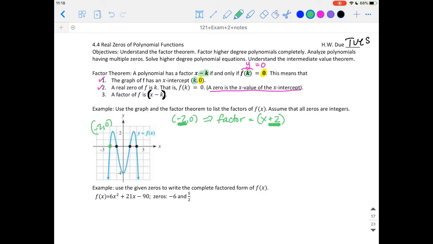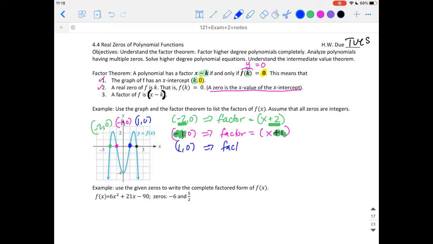Okay, next one. This is negative 1 comma 0. So for negative 1 comma 0, then our factor is going to be parentheses x plus 1. And again, it's going to be the opposite for our x values. So this minus 1 becomes this plus 1. Our next one, we have this x-intercept right here, which is 1 comma 0.